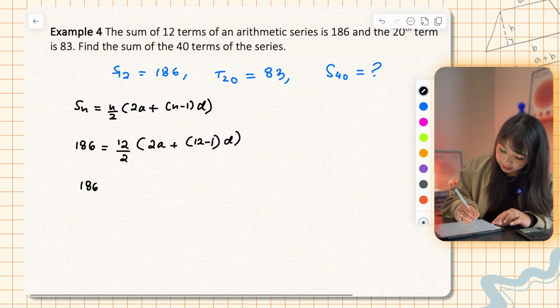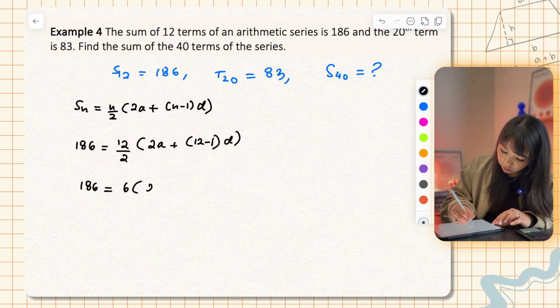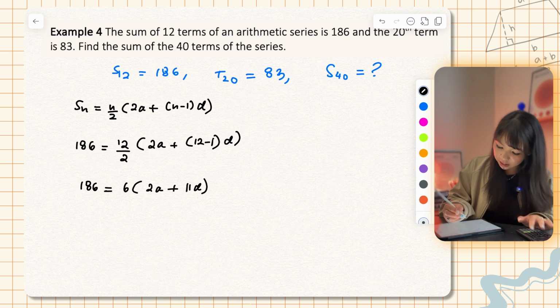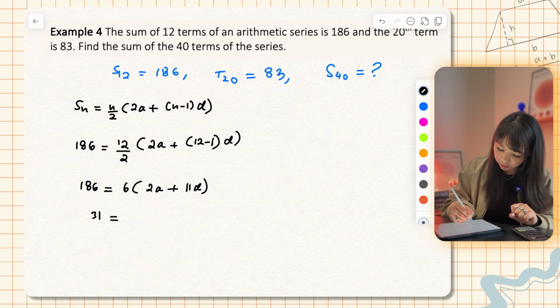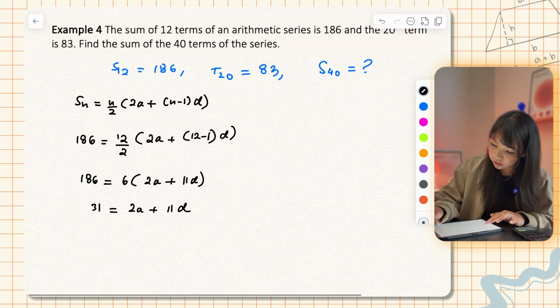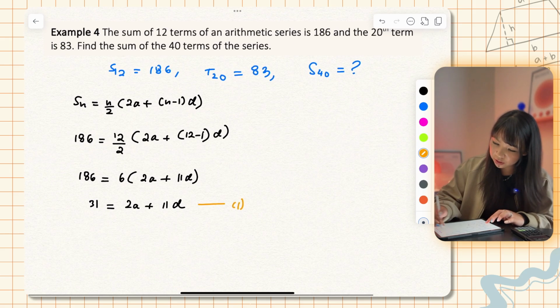So you get 186 equals 6 times 2a plus 11d. 186 divided by 6 is 31, so you get 31 equals 2a plus 11d, and that is going to be the first simultaneous equation.